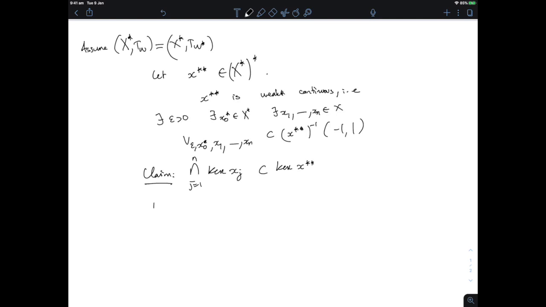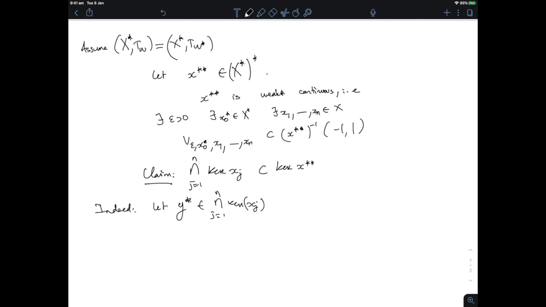So let's prove that. Let y star be an element of the intersection of the kernels of the xj's. Right. So what can I say about that?